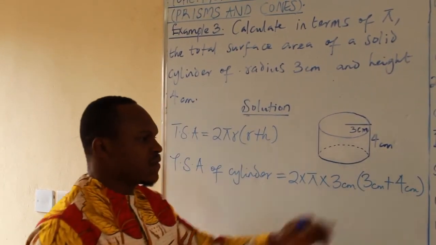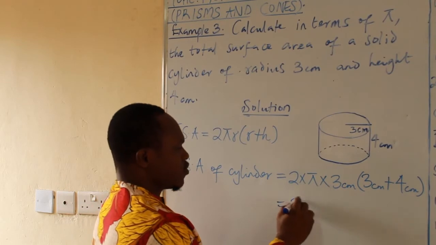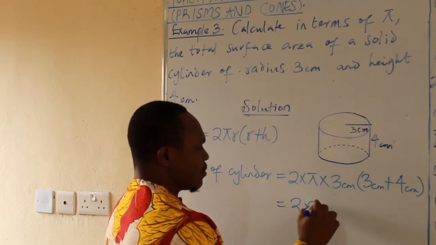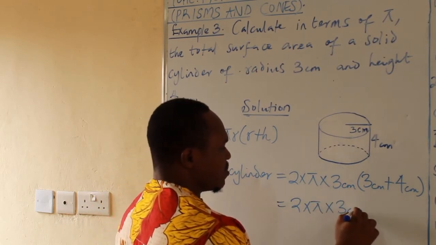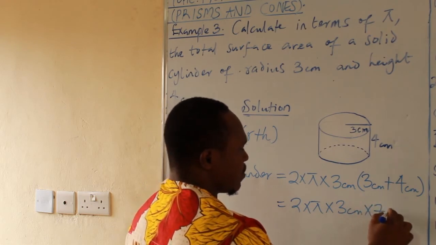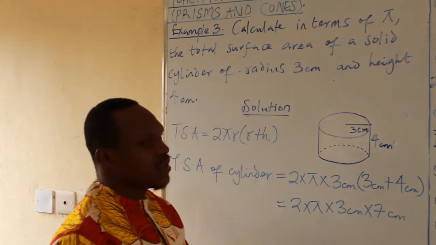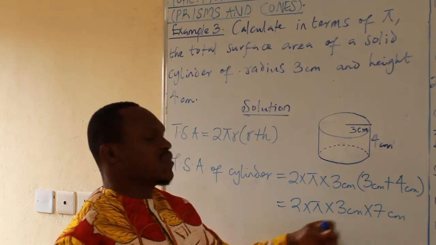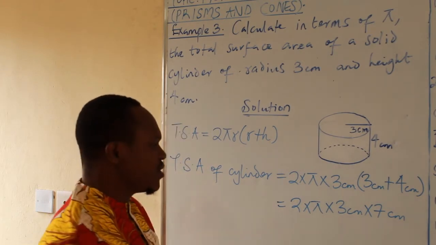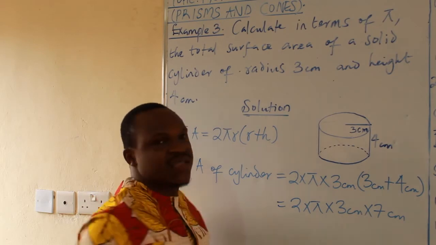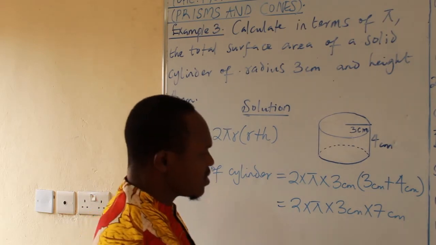Now 3 plus 4 gives us 7, so we have 2 times pi times 3 centimeters multiplied by 7 centimeters. So 2 times 3 gives us 6, 6 times 7 gives us 42. Centimeter multiplied by centimeter gives us centimeter square.